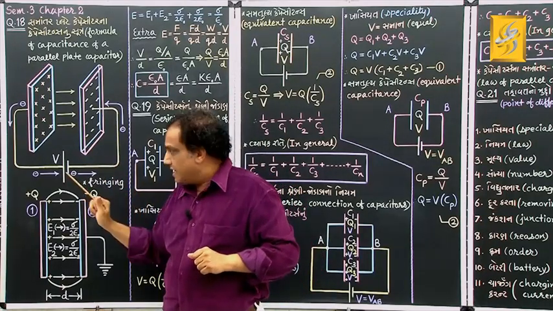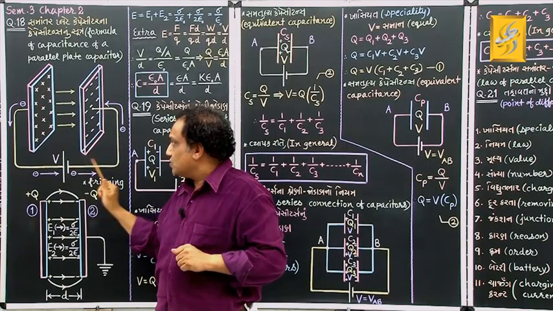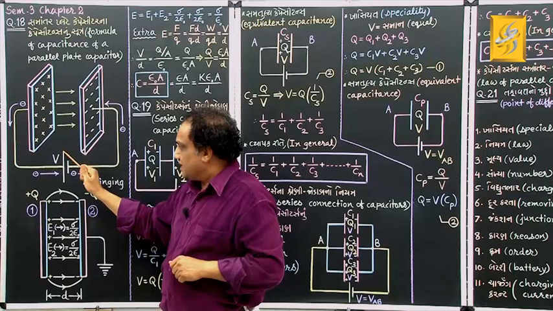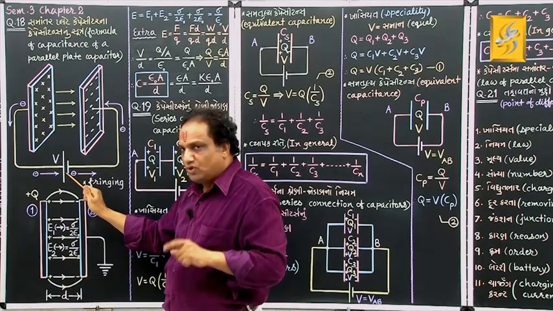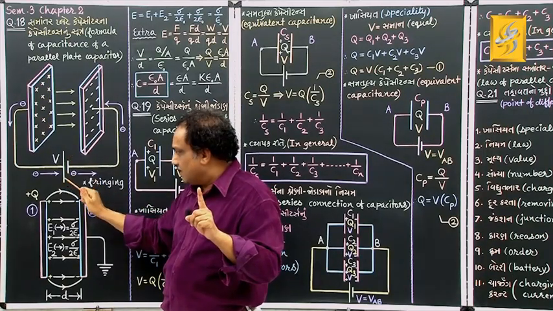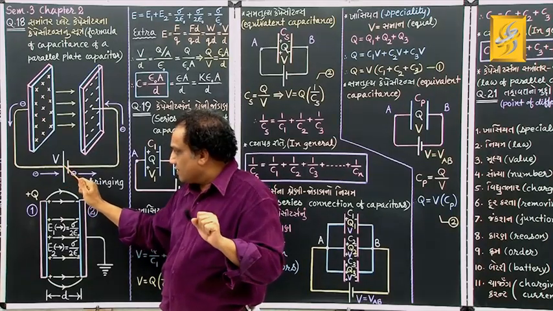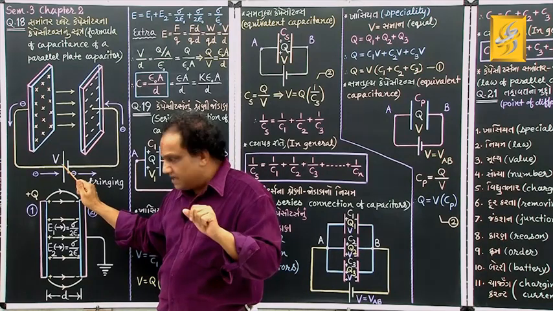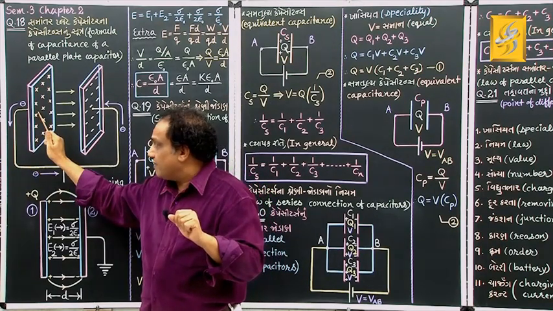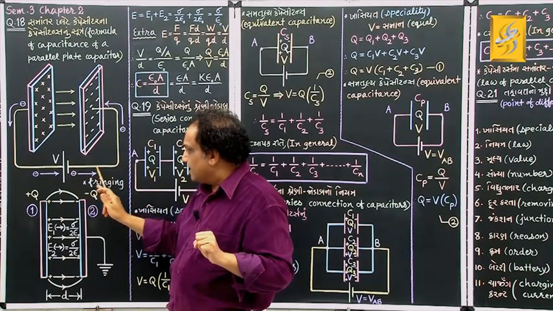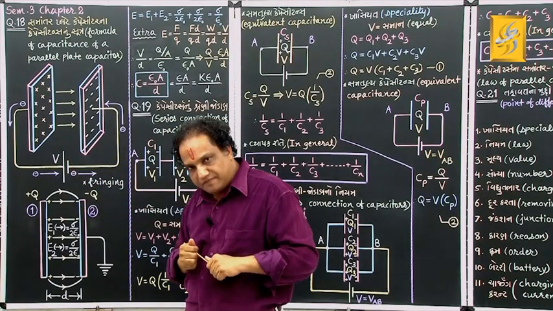We just connect a battery across these two plates. Suppose the positive terminal of the battery, in this symbol you must have remembered, the longer terminal is positive, the shorter terminal is negative. Suppose the positive terminal of this battery is connected with this left plate, and the negative terminal is connected with this right plate. Fine.